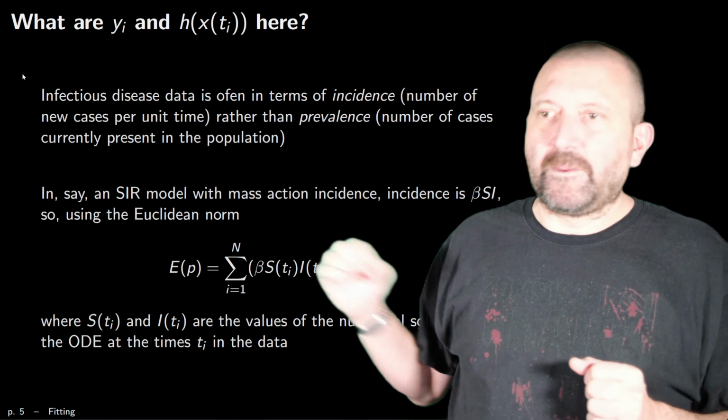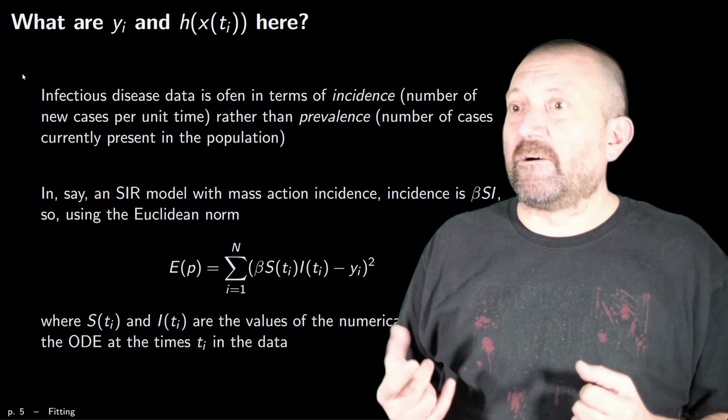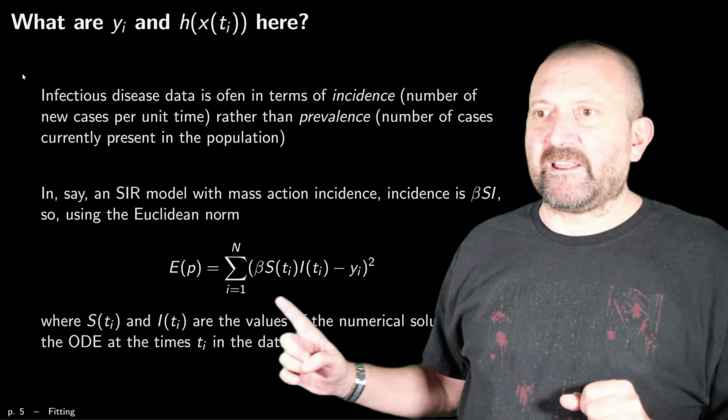If I'm using the Euclidean norm, my error function for an SIR model, for example, with mass action incidence, could be something like this.